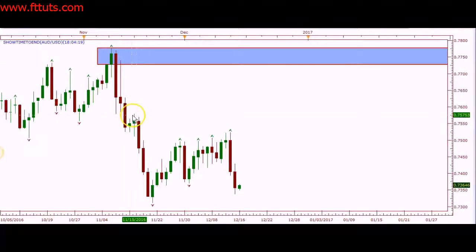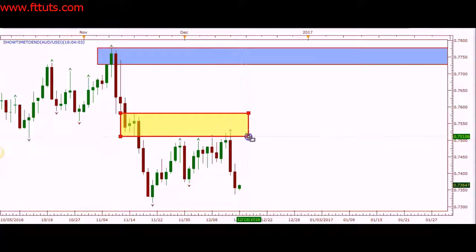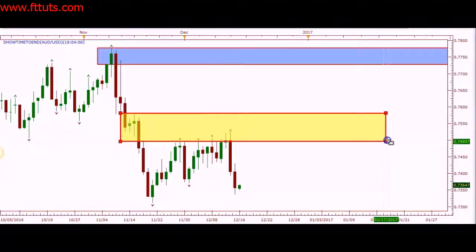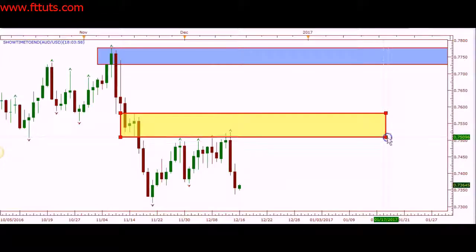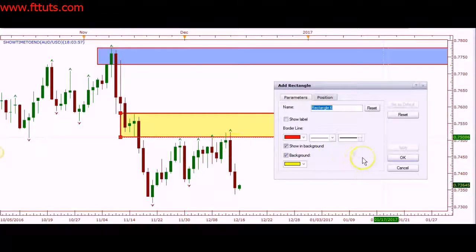And then I see another supply zone, which would be the drop, base, drop. You're basing right here, so I'm going to mark that. These candles are not real big body candles, so I'm going to use the whole thing here. Now this is active and it already hit.